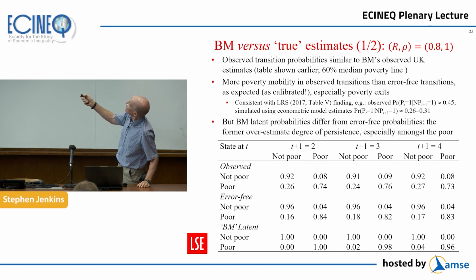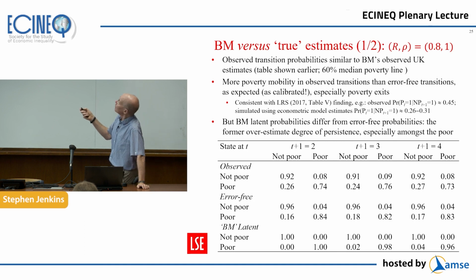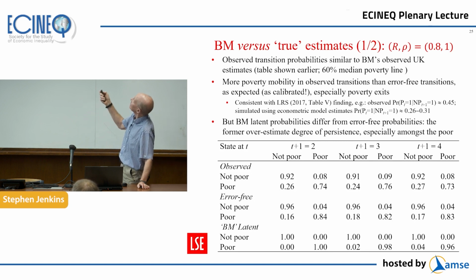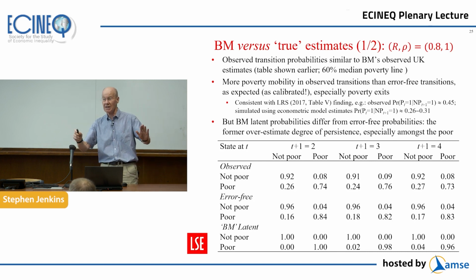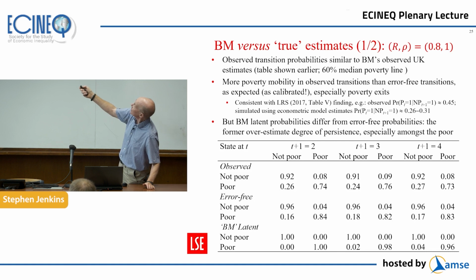So now we've got a table in the same format as before, but now we have observed, in SimLand, so it's made up, and error-free, also in SimLand, but these are the true ones. And down at the bottom is what happens if you fit their model to the observed data. And again, you compare things, and basically across time it doesn't change very much. Why? Because we're in the steady state.